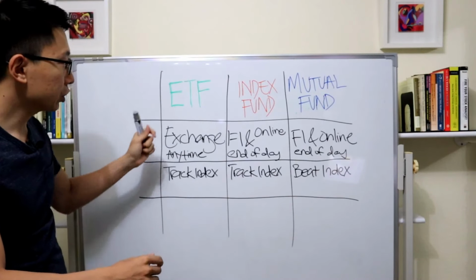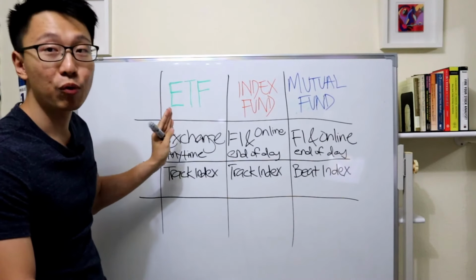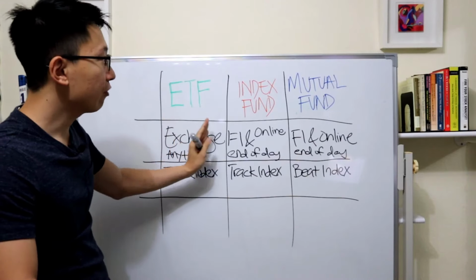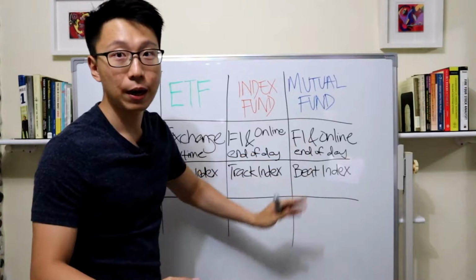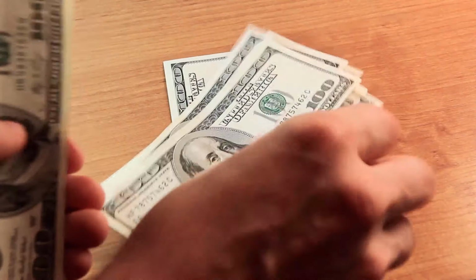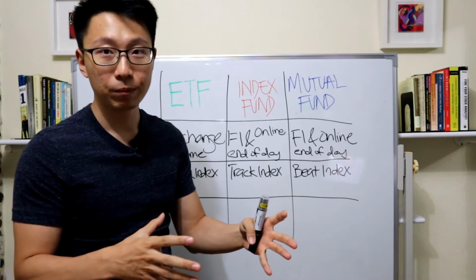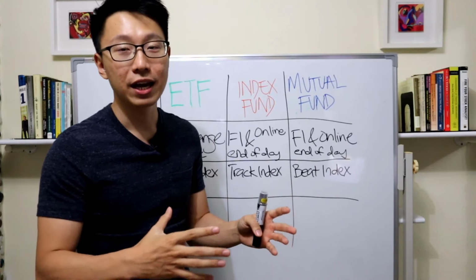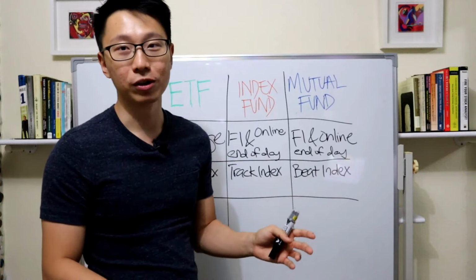So transaction costs for an ETF are a lot higher, but in terms of management fees, ETFs and index funds are a lot lower compared to mutual funds. Because for mutual funds, you have to pay for the transaction costs within the portfolio, as well as pay the analysts for monitoring, researching and analyzing the assets in that portfolio.